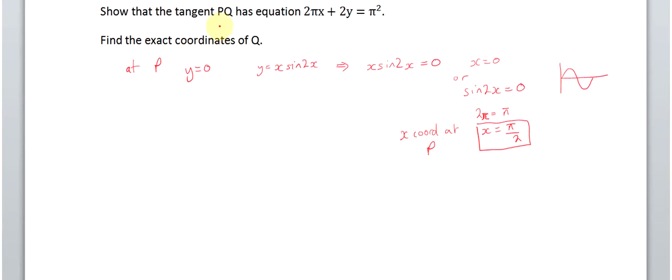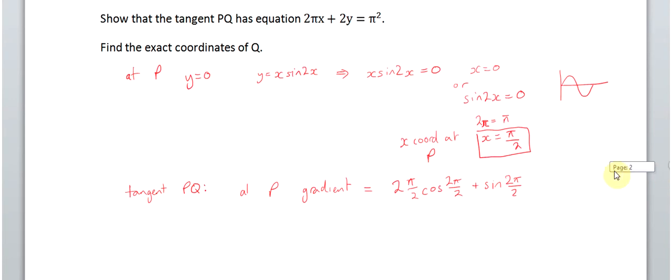Now, show the tangent PQ has this equation. So, tangent PQ. First of all we need the gradient. So at P, the gradient is equal to 2 times pi over 2, cos 2 pi over 2, plus sine 2 pi over 2.